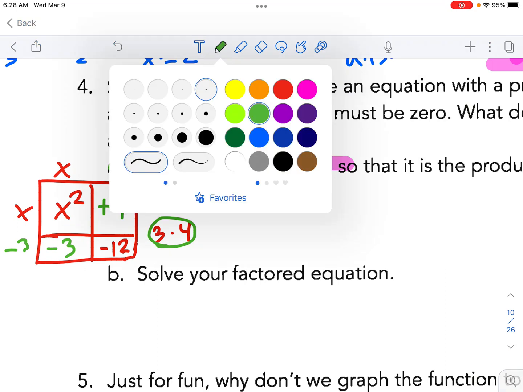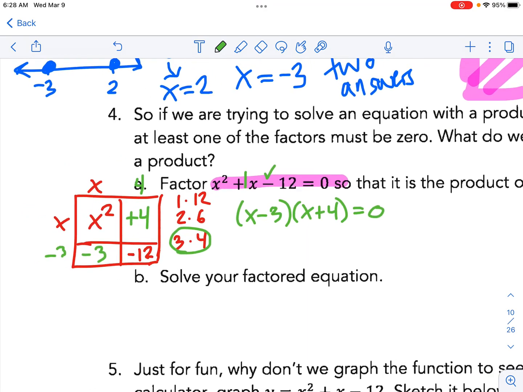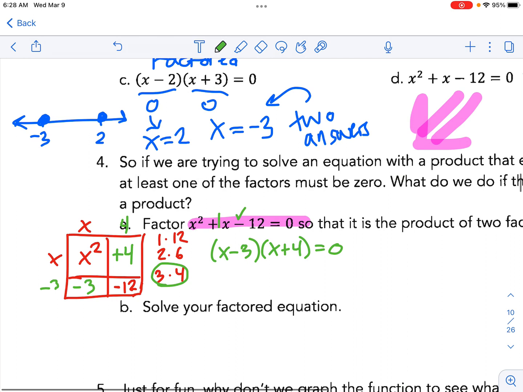So I have x minus 3 times x plus 4 equals 0. And so I solve my factoring equation. I have the scenario just like I had in C. I've got my two factors. Their product equals this quadratic. And either this one is 0 or that one is 0.